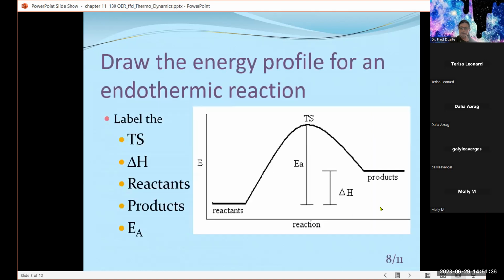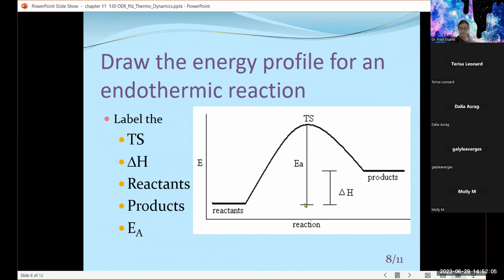Here's an example where delta H is positive. The same areas to mark: where the reactants begin, far left. Okay, it goes up a hill to the transition state and then down to a state where the products are. Okay. The energy of activation doesn't change.